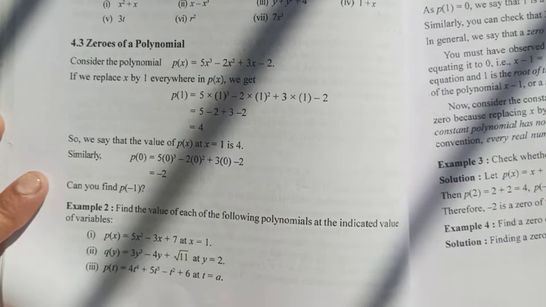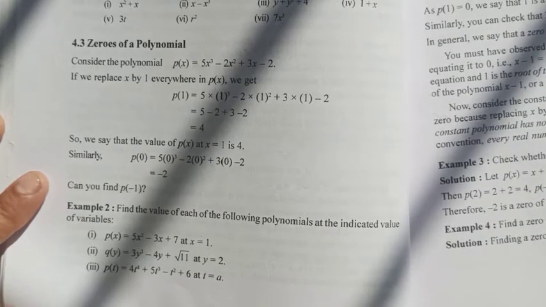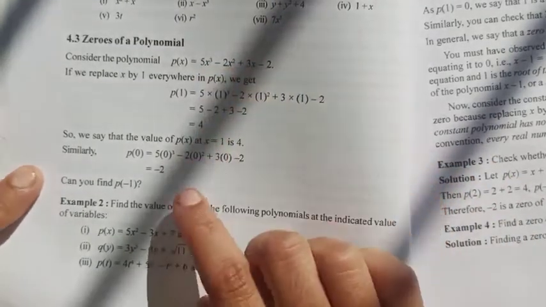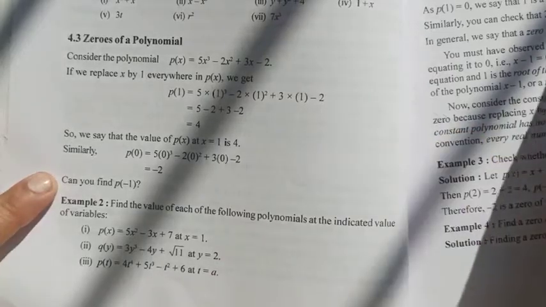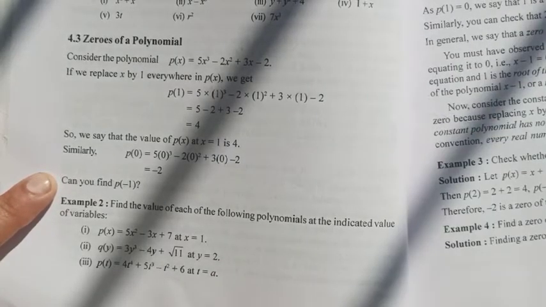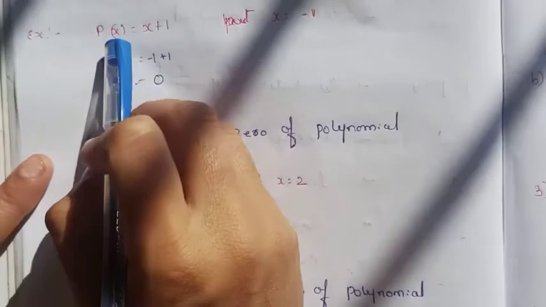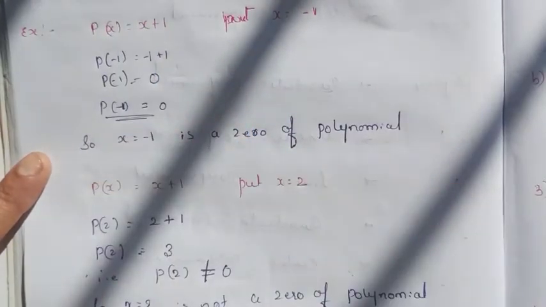Here the zero of a polynomial is the value of the variable at which the value of the polynomial becomes 0. That means when the given equation reduces to 0, it is called a zero of the polynomial. See here, p of x is equal to x plus 1.